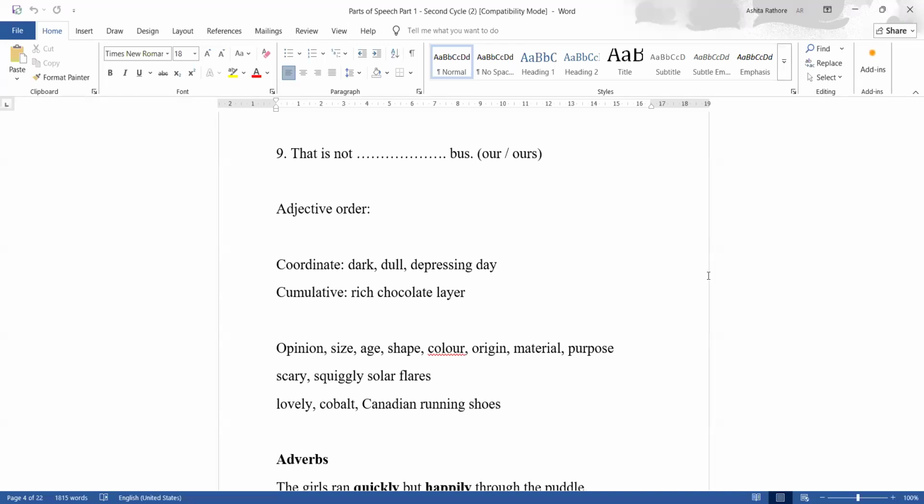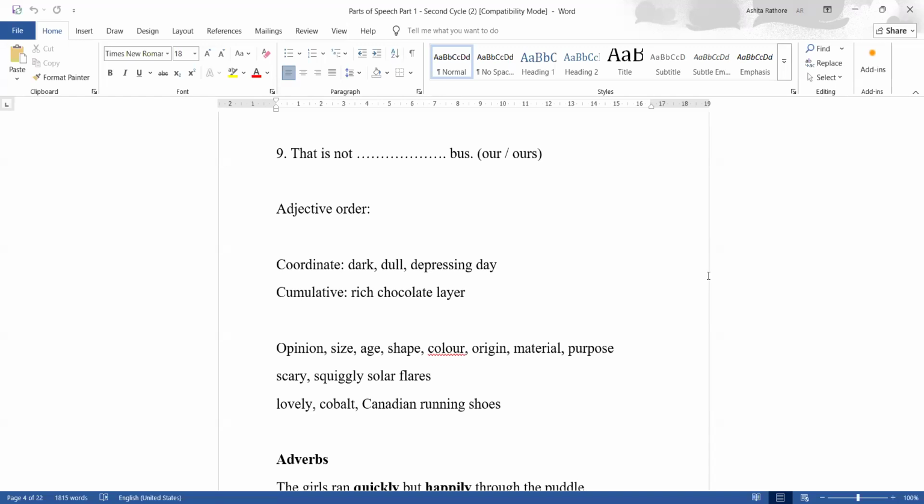So this is the definition of coordinate adjective order. Whenever you are dealing with very long sentences that have a number of adjectives together, or even when you are writing a report or giving a presentation, this is very impactful. When it comes to a coordinate order, take a look at your sentence.